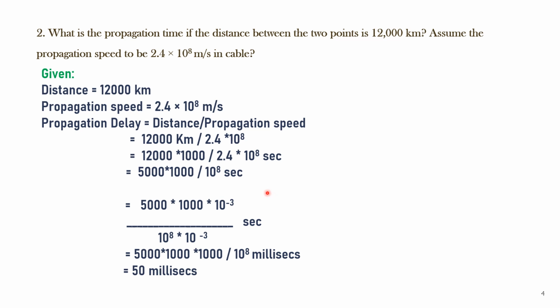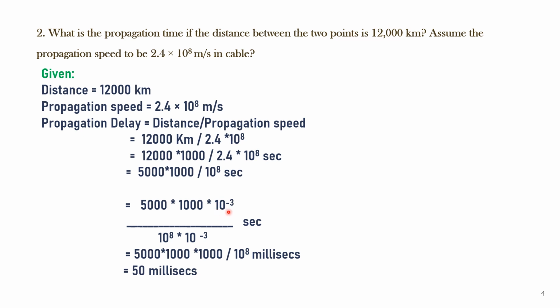Now I am going to find the final answer in milliseconds. The one change I have made is that I have multiplied both numerator and denominator by 10 to the power of minus 3. If I multiply the same value in both numerator and denominator, nothing changes; it is anyhow 1.